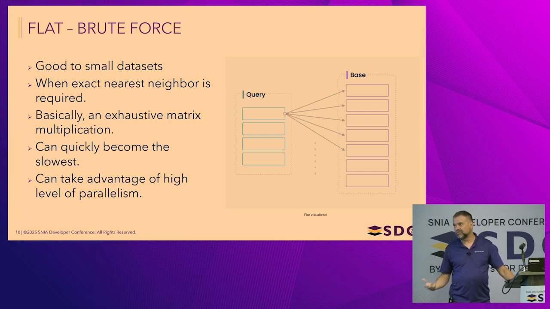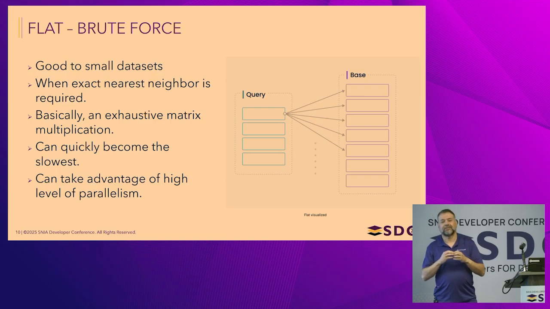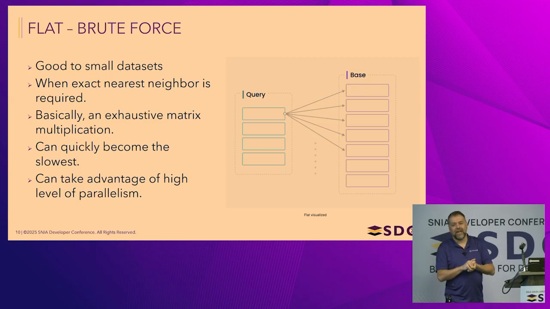One is flat, or brute force, which is basically just an array. There is no coordination. Actually, if you create an array, you create a flat index. It's compute intensive, and normally used for very small data sets, because you don't have any techniques to search. It's a brute force search.